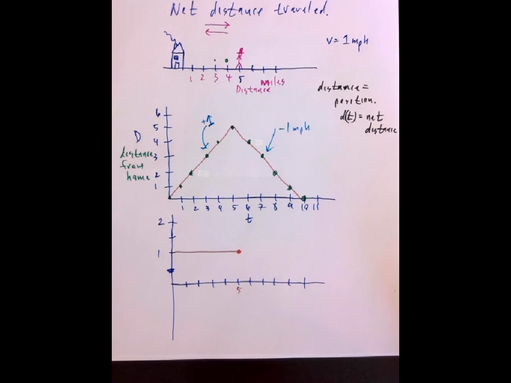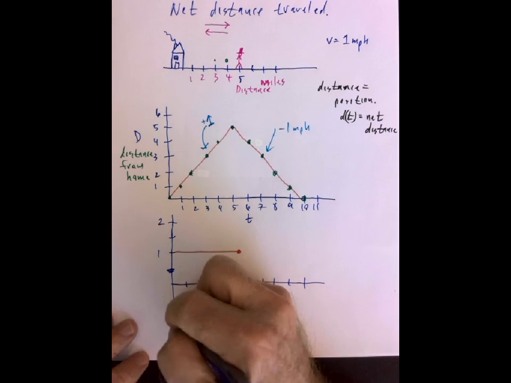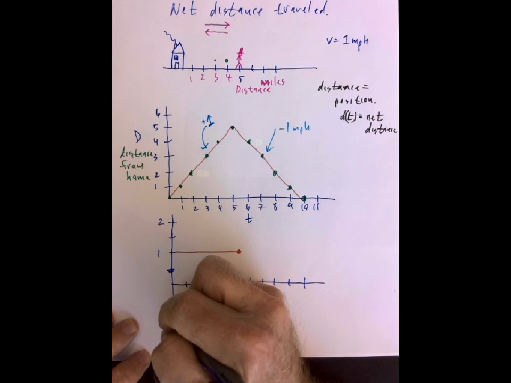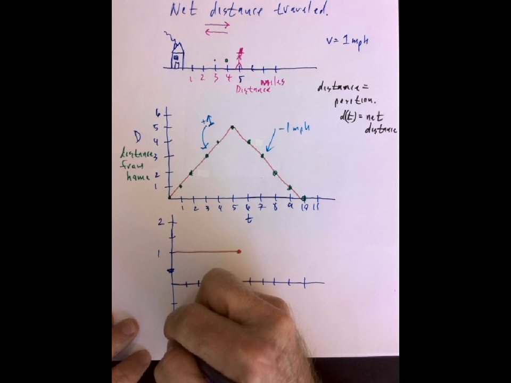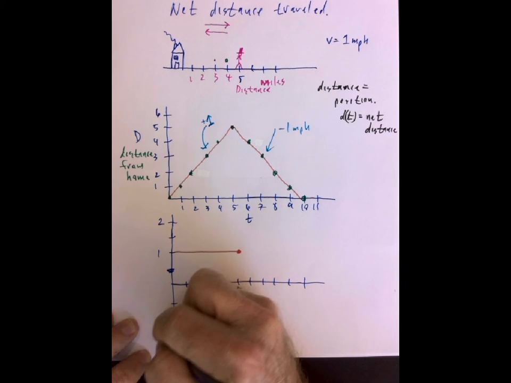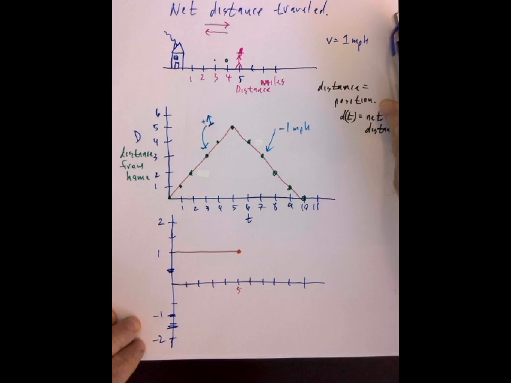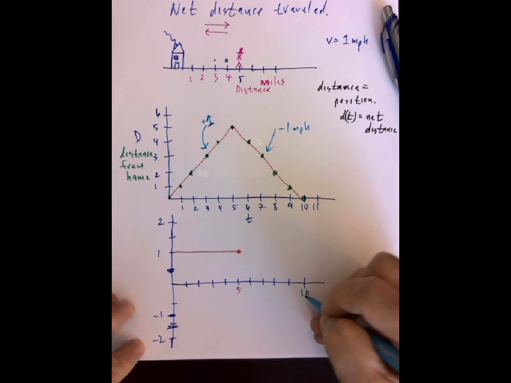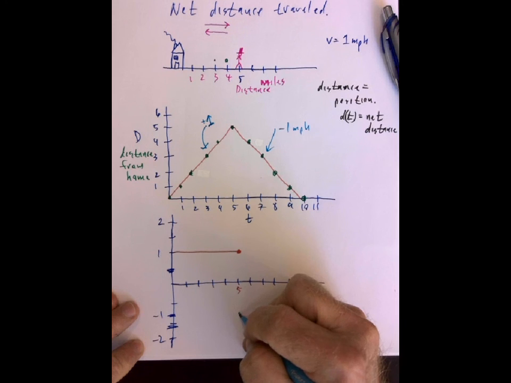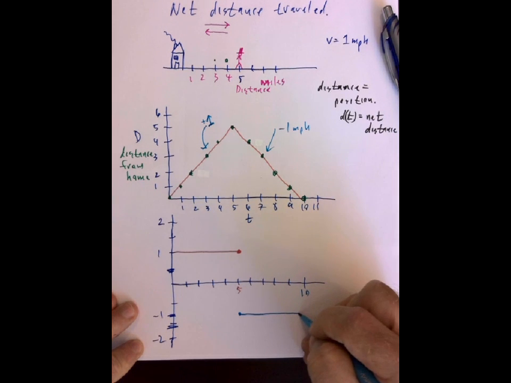So where does that end up on our speed graph? Well, we're going to put that down here. Kind of like this. So here's negative 1 and there's negative 2. So starting at 5 up to 10, his speed was negative 1.